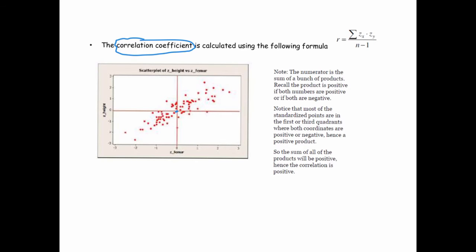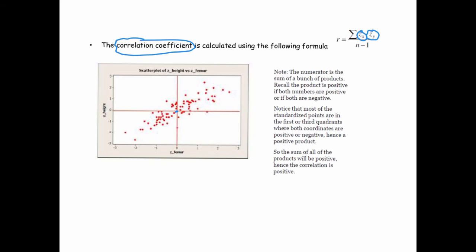So if you multiply the x-coordinate times the y-coordinate and do that for every single point, and then sum, and then divide by not quite however many there are, it's just a slight adjustment, but pretty much an average. What that does is it counts all the things in the top right and the bottom left as being positive. The product would be positive, and anything in the top left and the bottom right, where the coordinate signs are opposite, will count as negative.